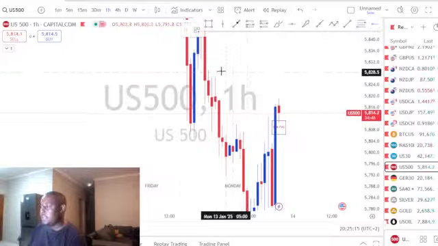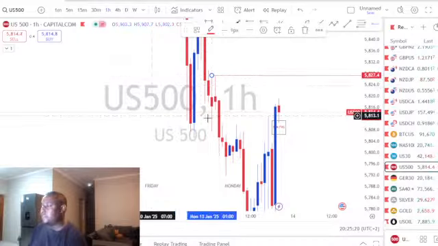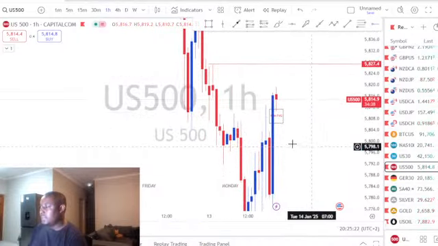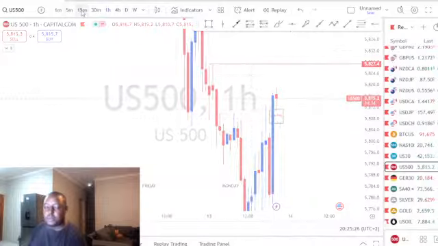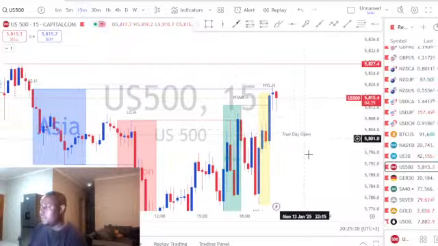So my targets will be higher. Nice reaction. Also, look at the reaction at that 15 minutes fair value gap. I love the reaction there. I think I'm happy to go long.